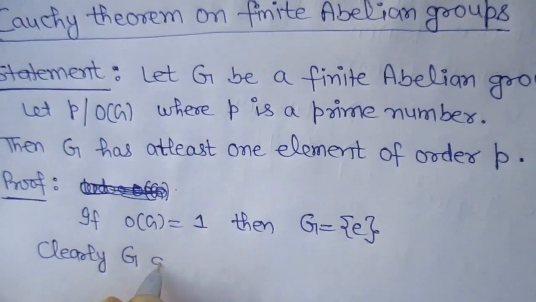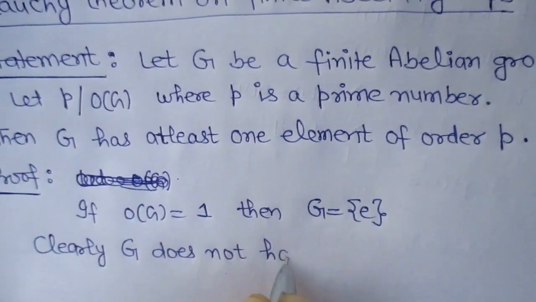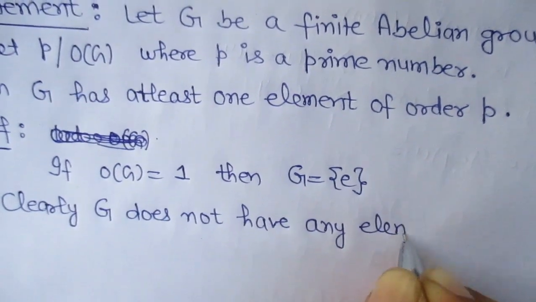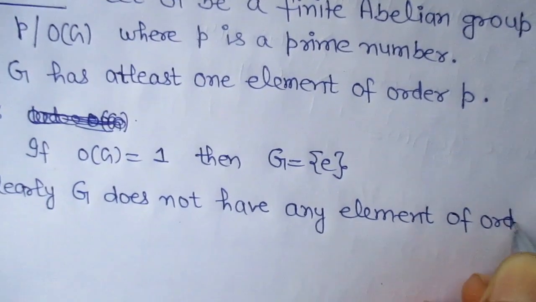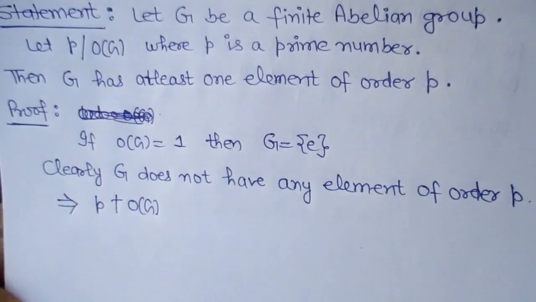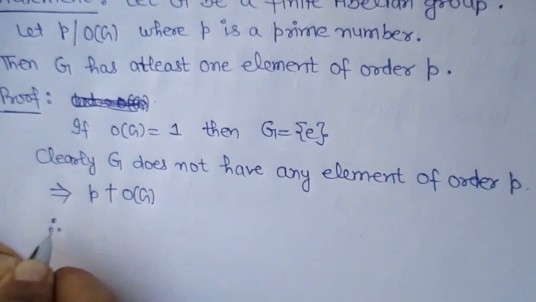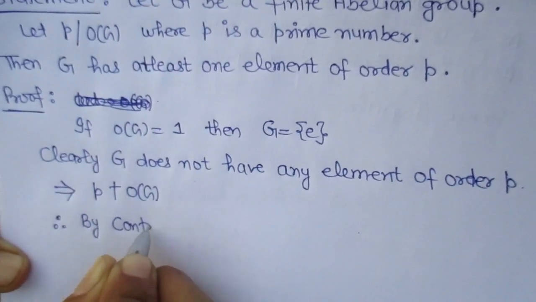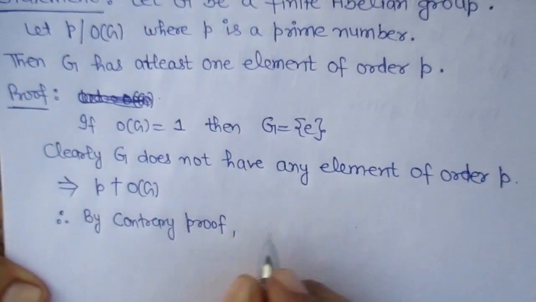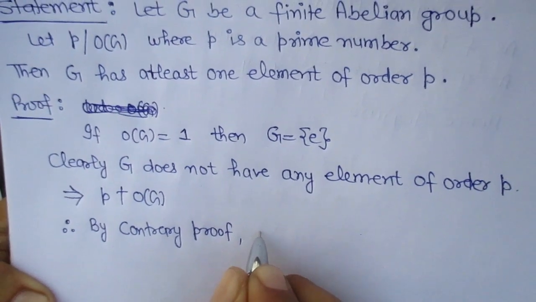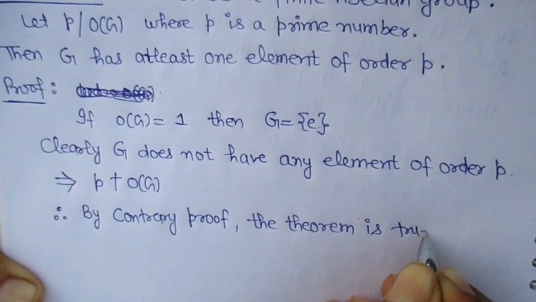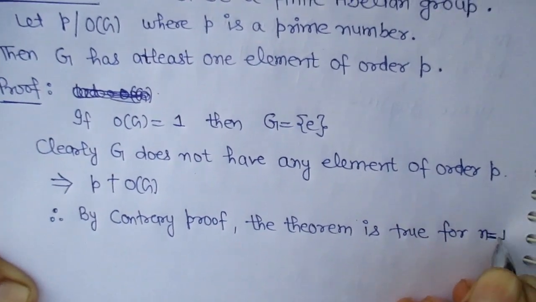Clearly, G does not have any element of order P. It implies P does not divide order of G. Therefore, by contrary proof, the theorem is true for n equal to 1.